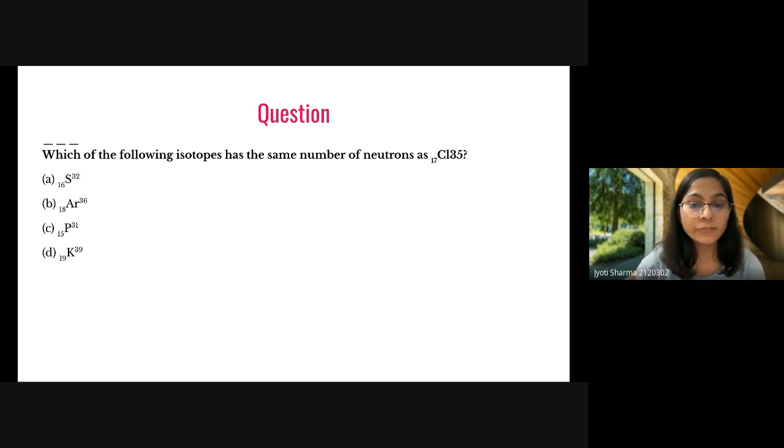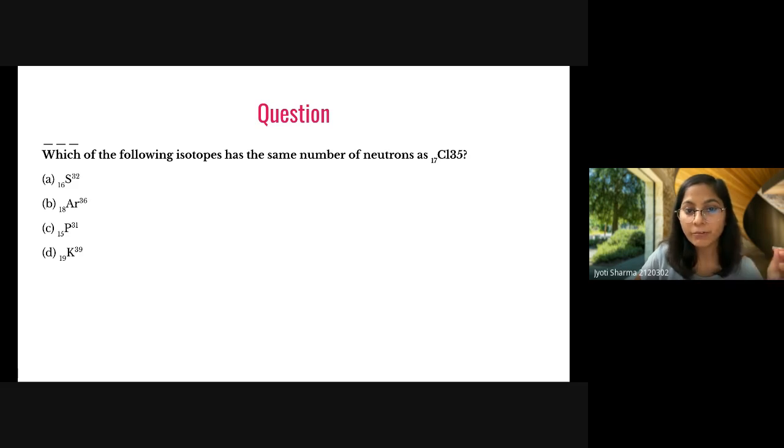Okay, which of the following isotopes has the same number of neutrons as chlorine 17, 35? You have to tell me which element has the same number of neutrons as chlorine. You can calculate the neutrons in chlorine as 35 minus 17.